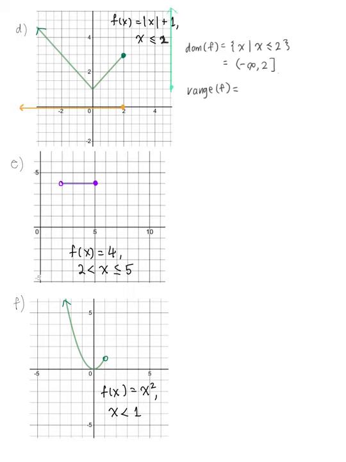Yes, your function is in fact defined at y equals 1, so this point right here should be included. So how do I write that? Our range of f is the set of all y values such that y is greater than or equal to 1.